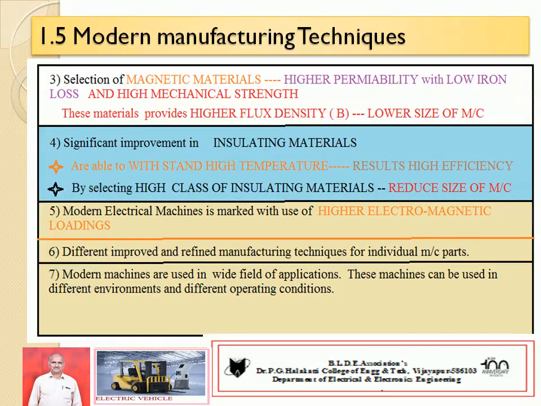The third property is the selection of magnetic materials. This is very important in the design of a machine. Good conductor materials are characterized by high conductivity. In a similar fashion, good magnetic materials are characterized by higher permeability.